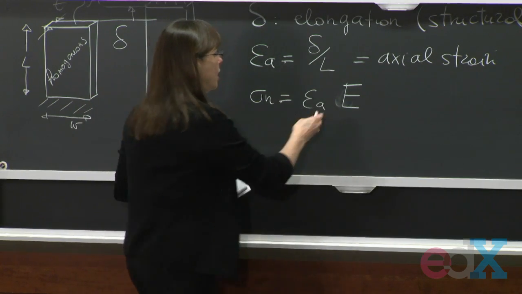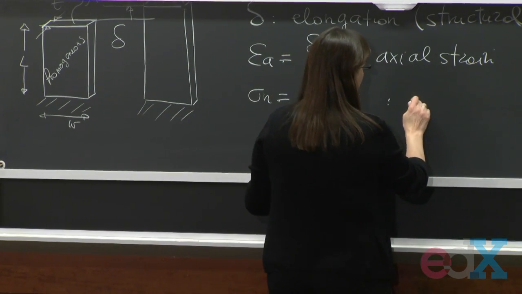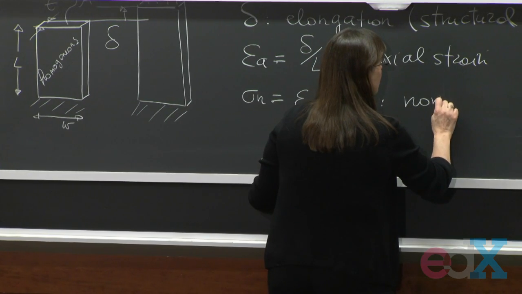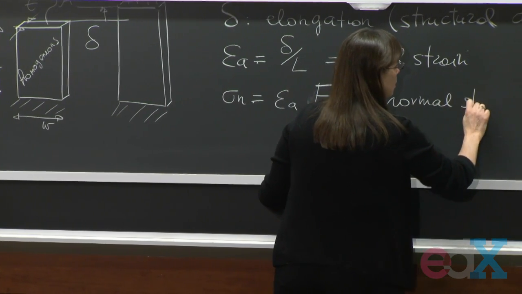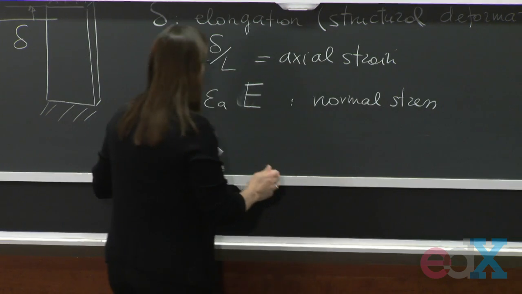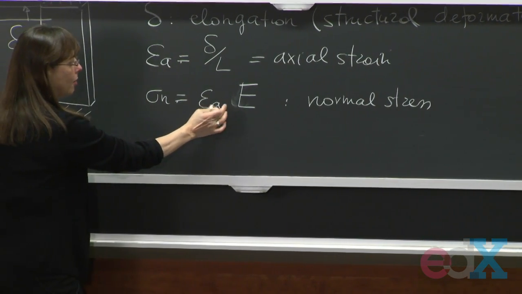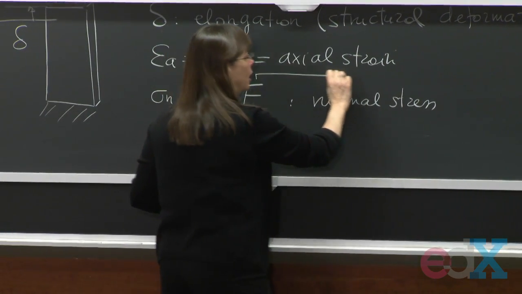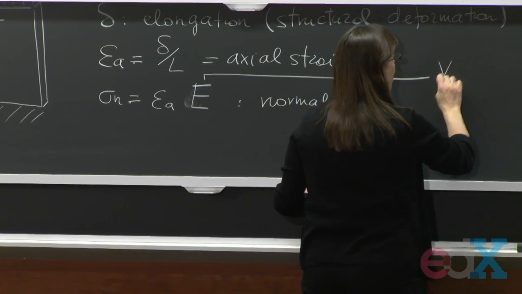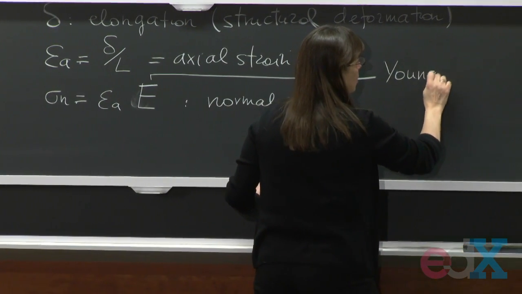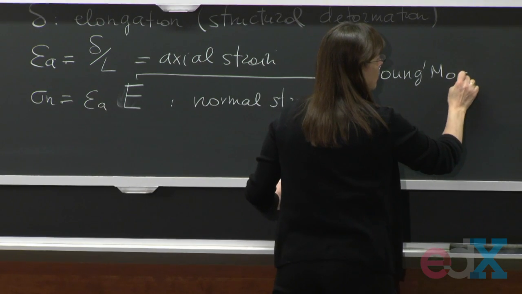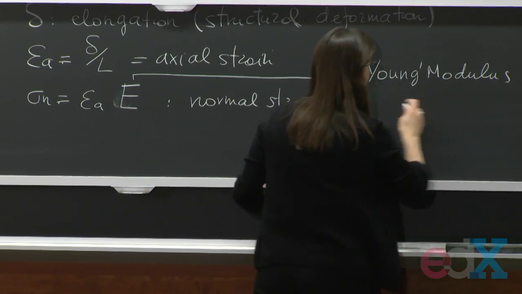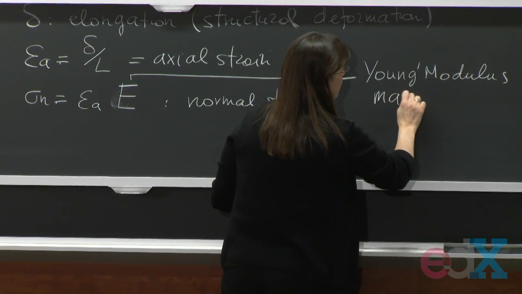So we obtain a normal stress by multiplying the strain by E, and our E is our Young's modulus, and this is a material property.